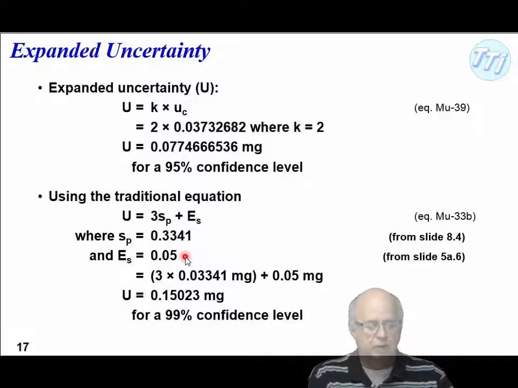It was 0.05 milligrams. So I combine that in, and I now have a total uncertainty at 95%. At 99%, sorry, because I've now included a factor of 3, of 0.15 milligrams. So from 0.07 at 95, full expansion using a k-factor of 3 now, we end up with 0.15 milligrams as our total 99% uncertainty.